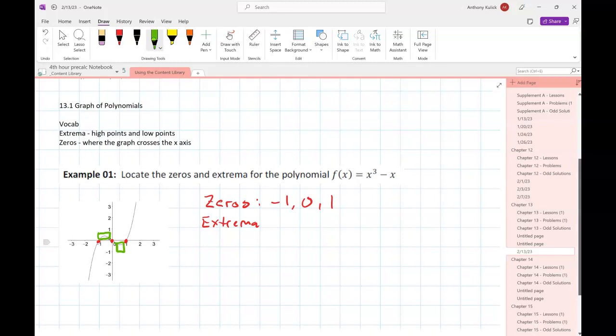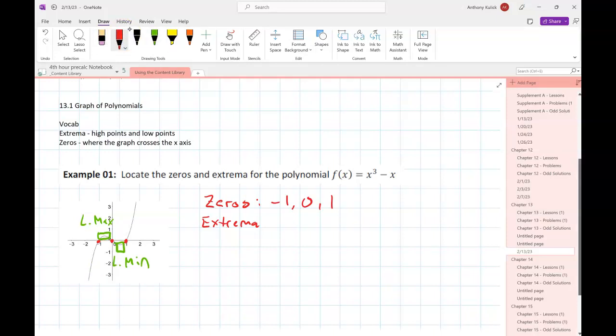The one on the left here we call a local max. Local, because it's not the highest overall point, right? There's lots of points over here that are higher. And the one on the right is a local minimum. Again, it's local because there's lots of points over here that are lower.